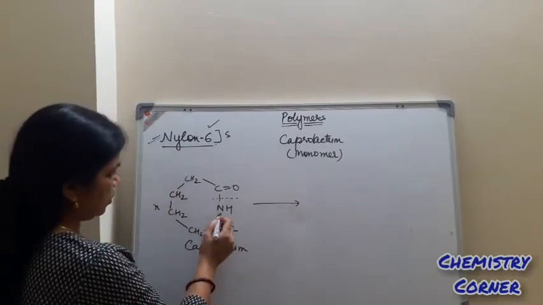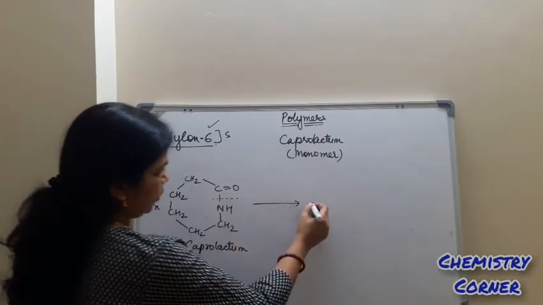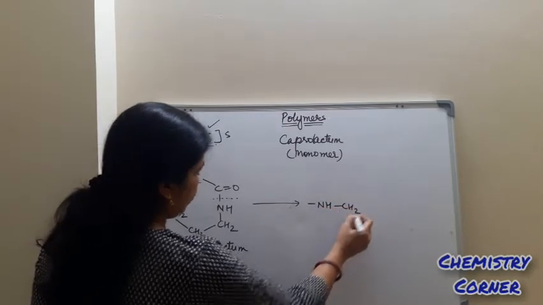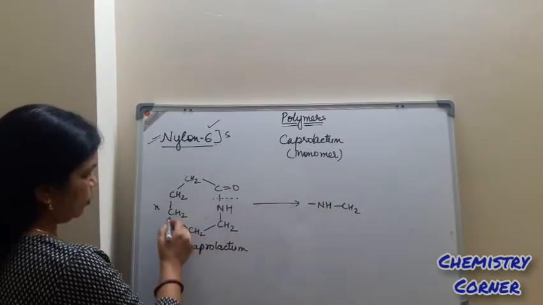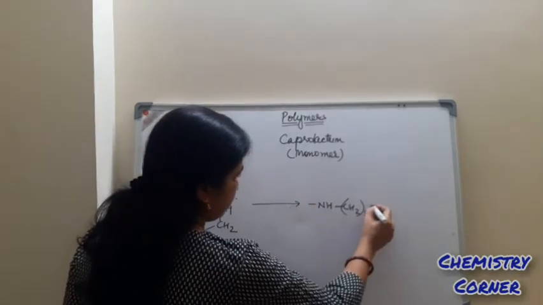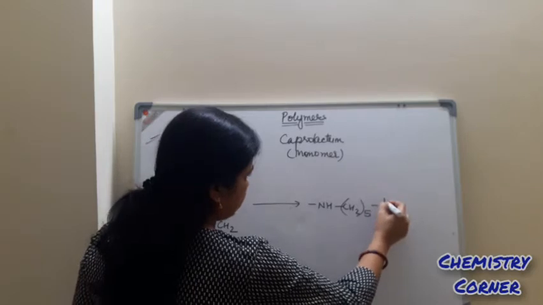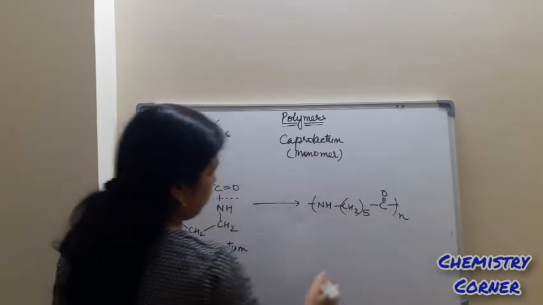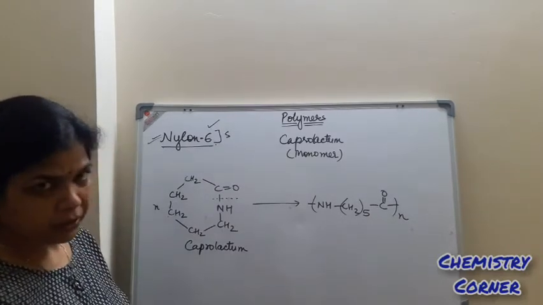So this side we are going to start from NH. Then how many CH2 are there? 1, 2, 3, 4, 5. So we can write in this manner, and then C double bond O. So this way your nylon 6 is prepared.